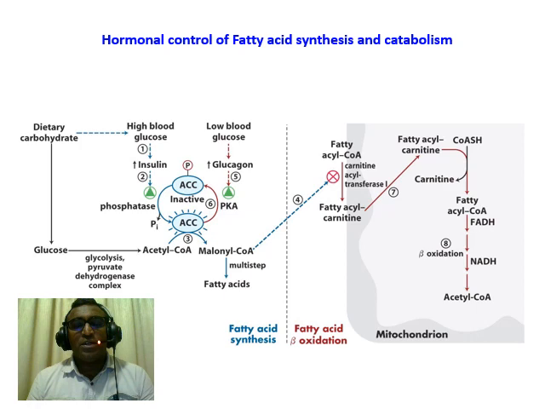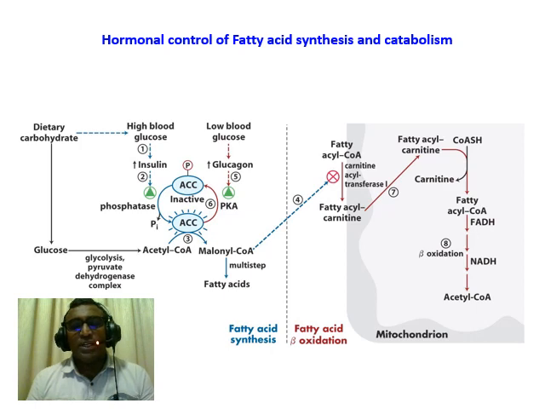When there is lots of glucose, the pancreas will release insulin, and this insulin will travel from the pancreas to muscle cells, and it will activate phosphatase.